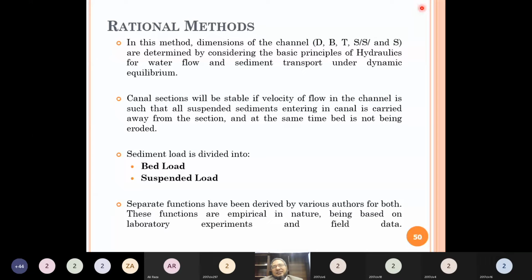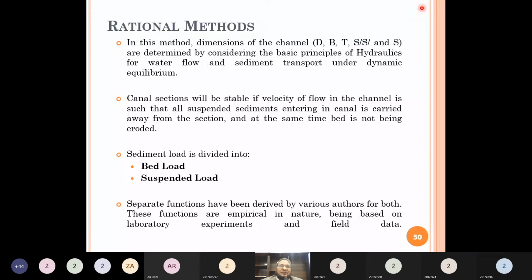So is it clear how we have to design lined channels? Yes, sir, very easily. We will not use any regime theory, neither will we use the rational method. We will simply use either Manning's equation or Chezy's equation, and compute the discharge, area into velocity, and we will use certain dimensions and check this.